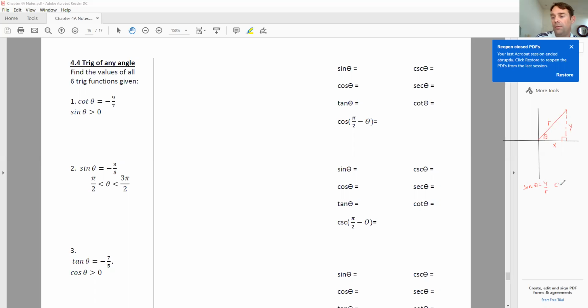Cosecant of theta would be r over y. Cosine of theta would be x over r. And secant of theta would be r over x.